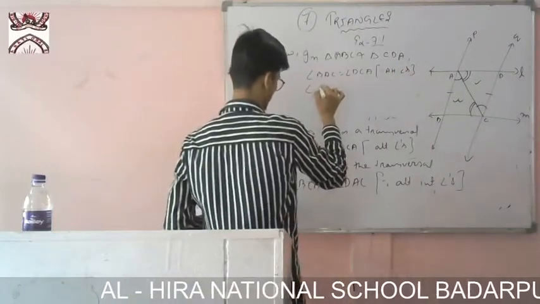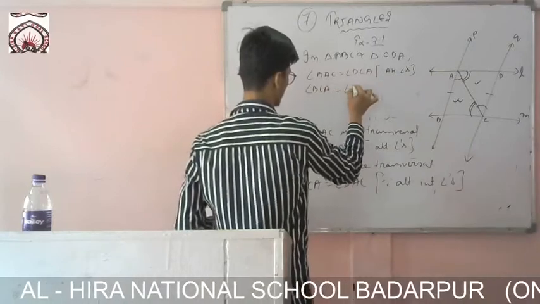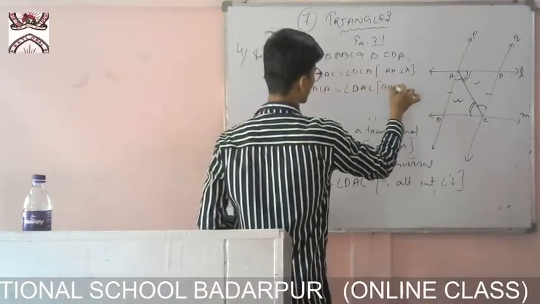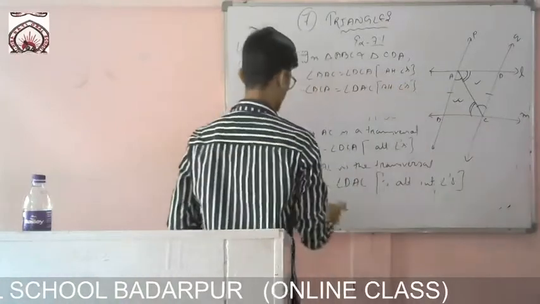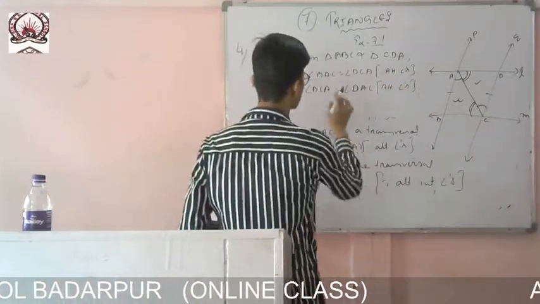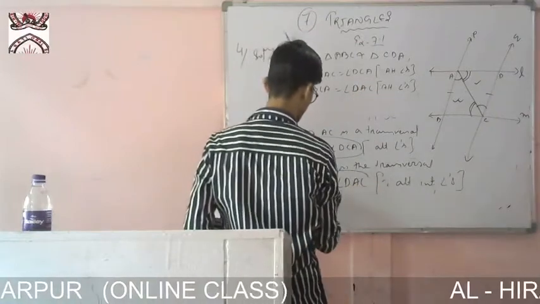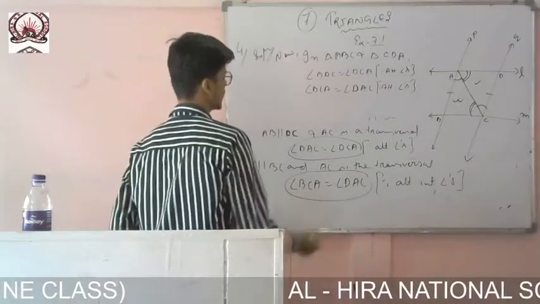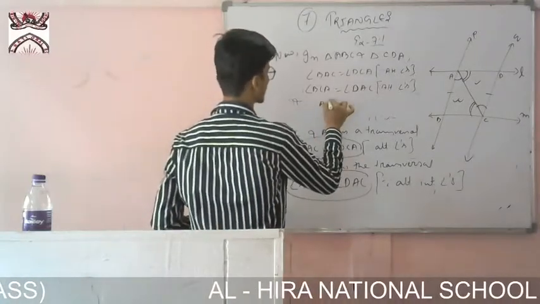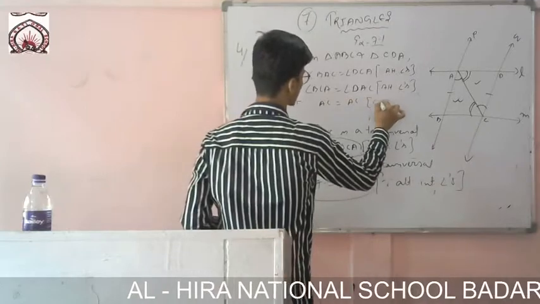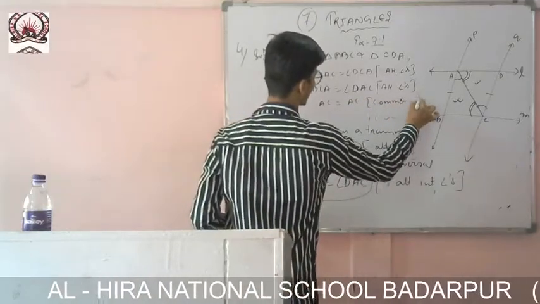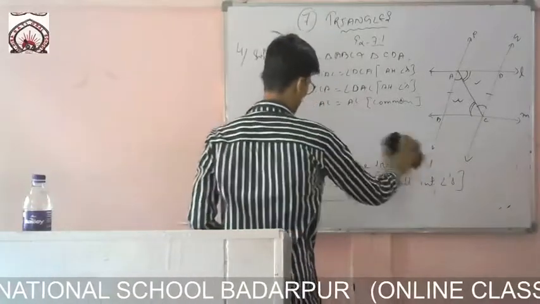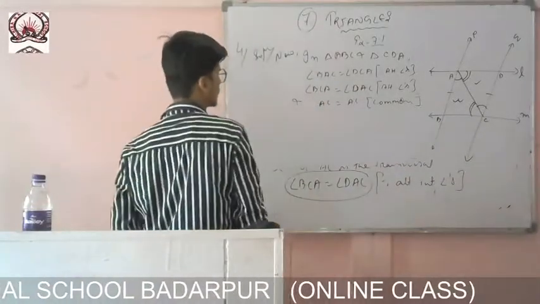And AC equals AC, that is the common side. So now I can say that these two triangles are congruent, and the postulate will be angle side angle.